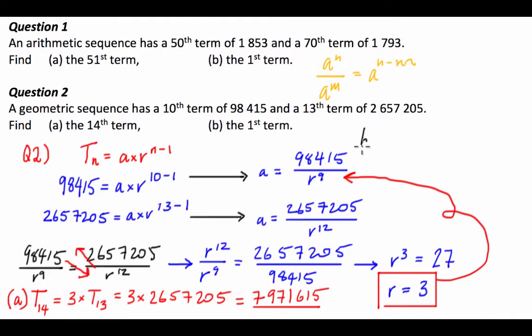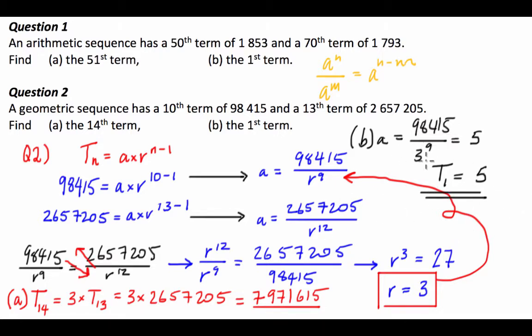So let's have B. The first term, or a, is going to equal 98,415 divided by 3 to the power of 9, which is equal to 5. Cool. So therefore t1 is equal to 5.